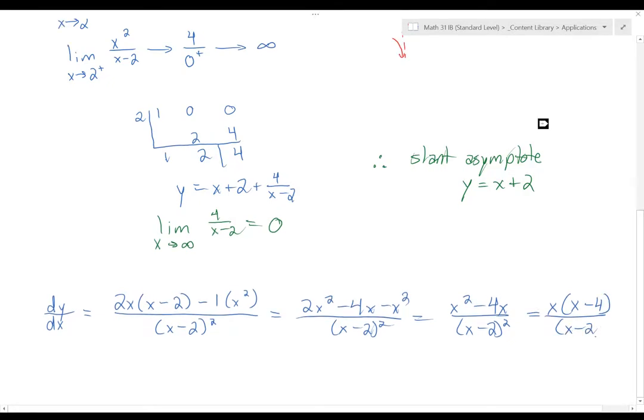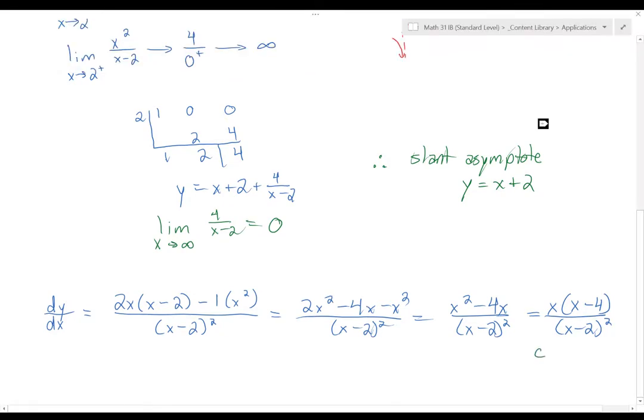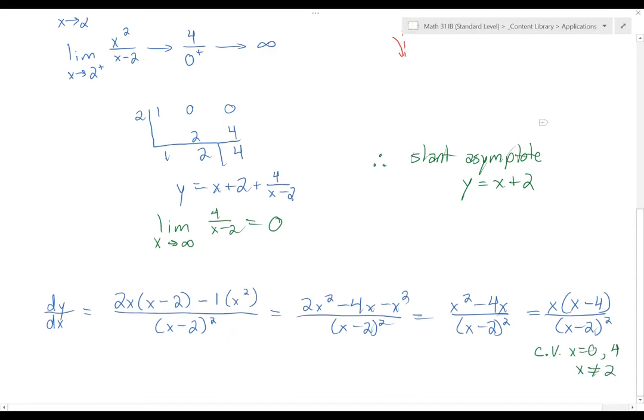So my critical values for my first derivative test are the zeros. So the critical values are when x equals 0 or 4, but also where x does not equal 2. Now I already knew that that was a non-permissible value from my original function, so it definitely has to be a non-permissible value in the derivative.